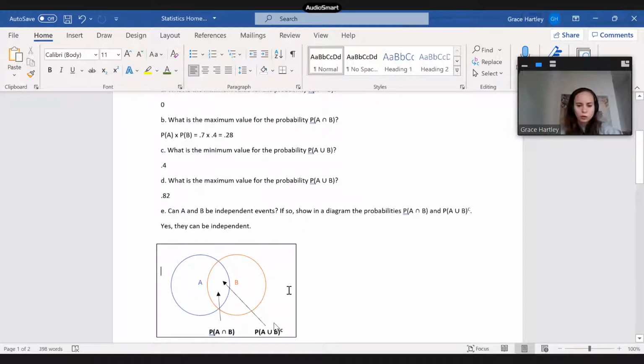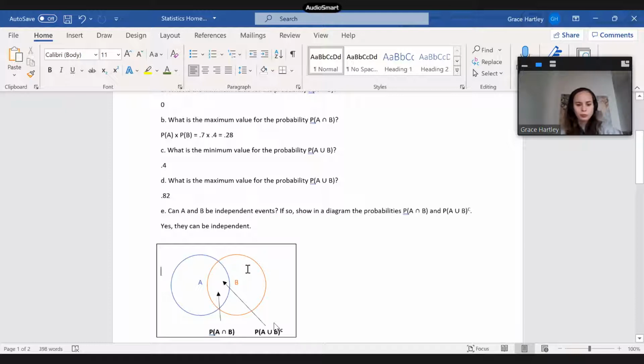So when you draw this graph with two circles, one represents A and another represents B, A union B is just your two circles including the intersection part.